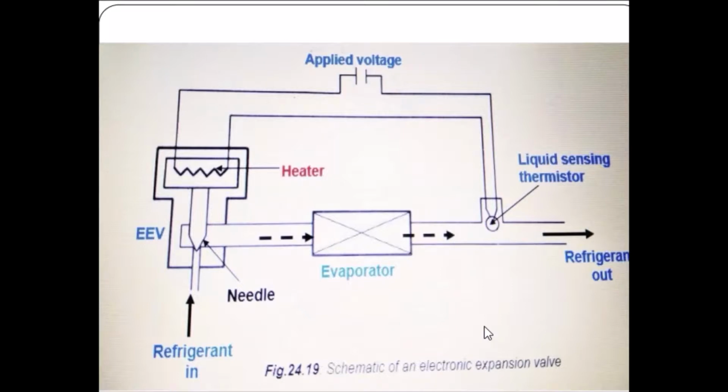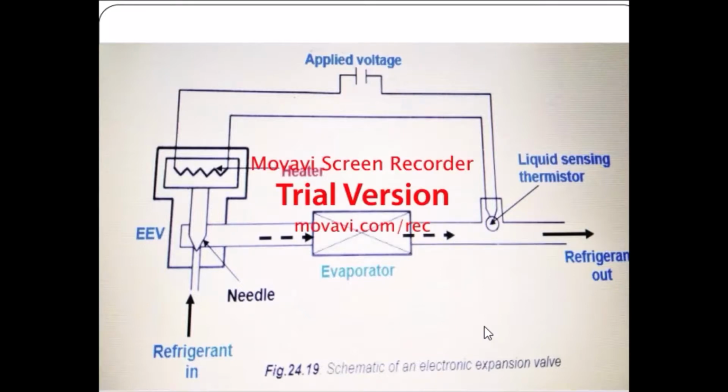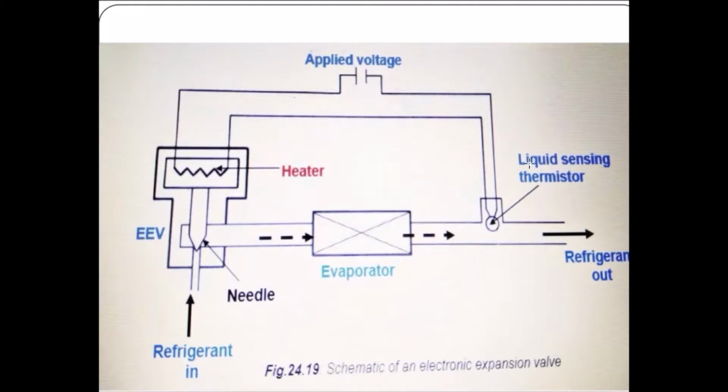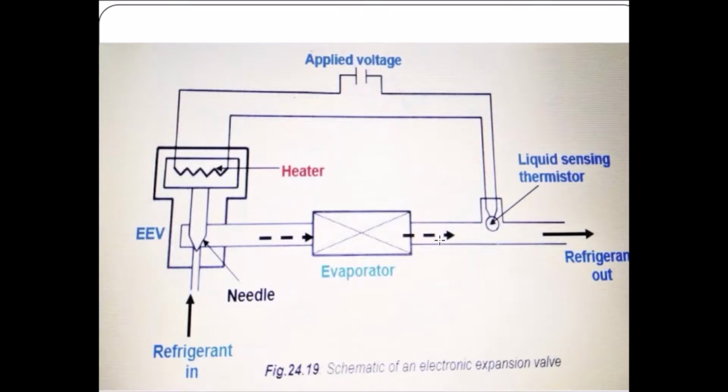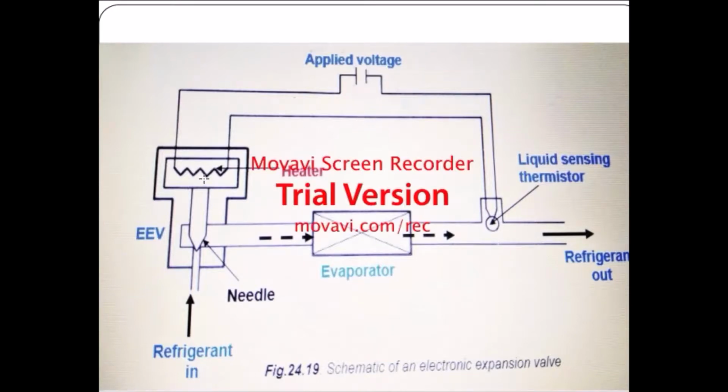Here we can see the illustration of the electronic expansion valve at work. Okay, this one is actually the sensor that gives information to the heater to work higher or lower. If the sensor reads that the evaporator is higher, it gives information to the heater to work lower.